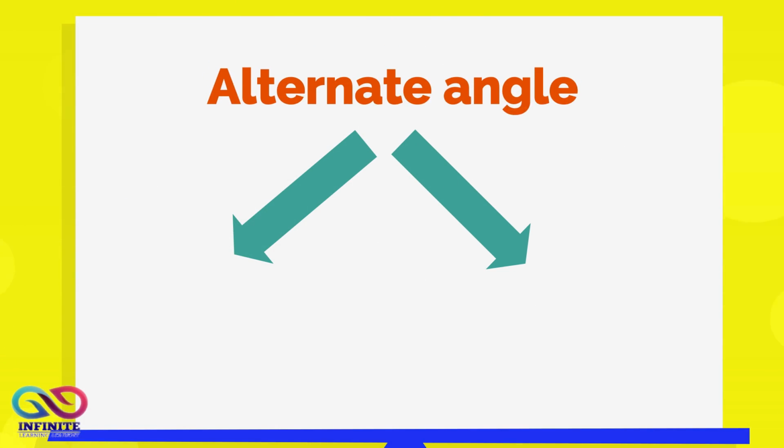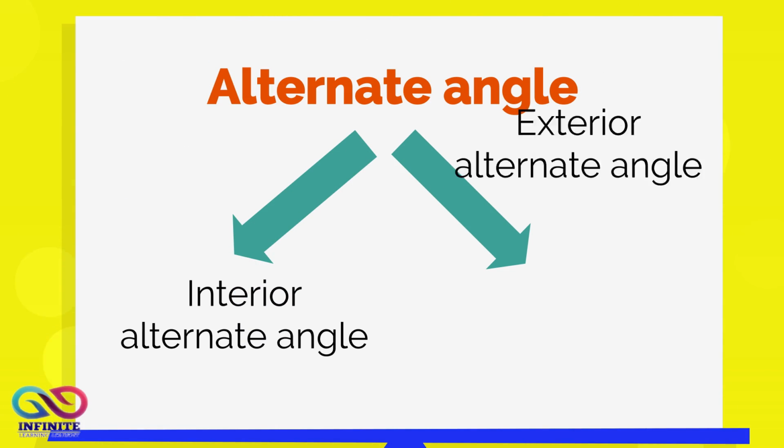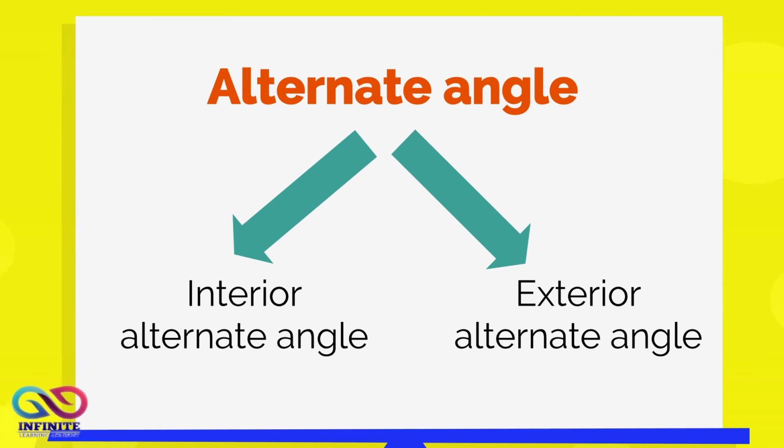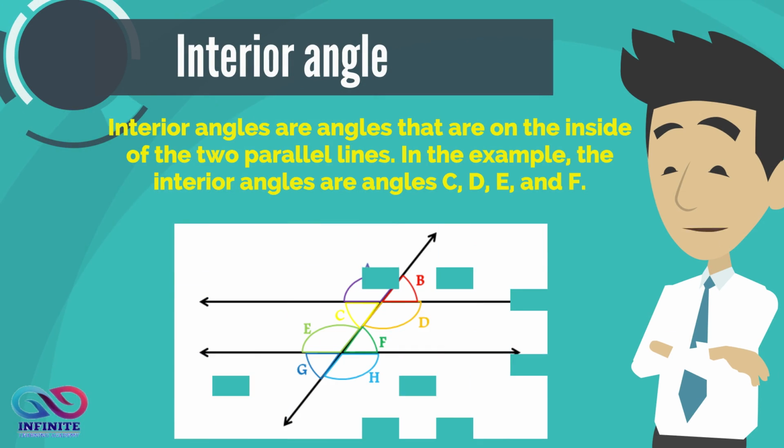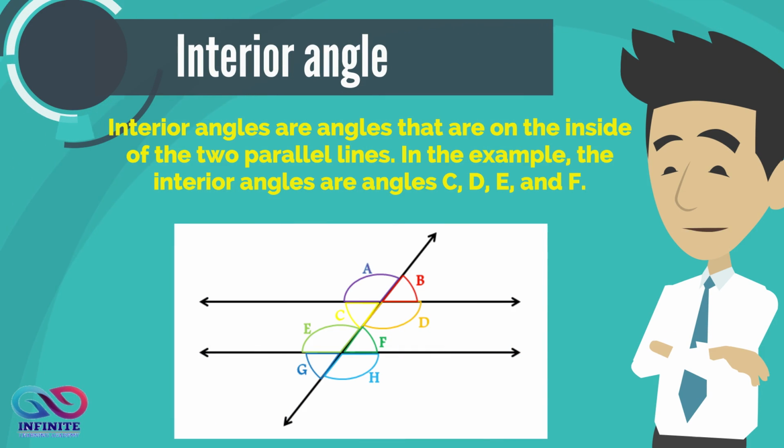Alternate angles are classified into two different types, based on the position of the angles. They are alternate interior angles and alternate exterior angles. Interior angles are angles that are on the inside of the two parallel lines.